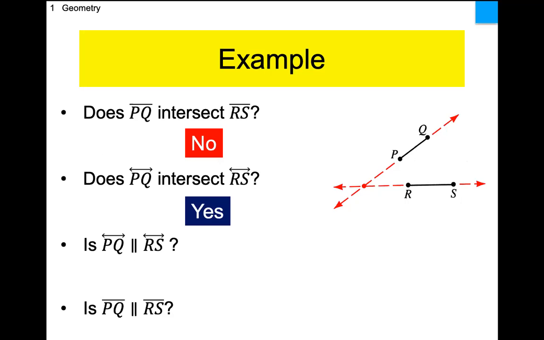By the definition of parallel lines, or the definition of intersecting lines, either one. Parallel is a biconditional: you're parallel if and only if you don't intersect. Actually, no, it's not biconditional because they could be skew. Never mind. And segment PQ is clearly not parallel to RS.